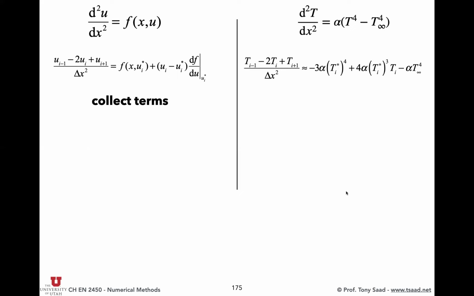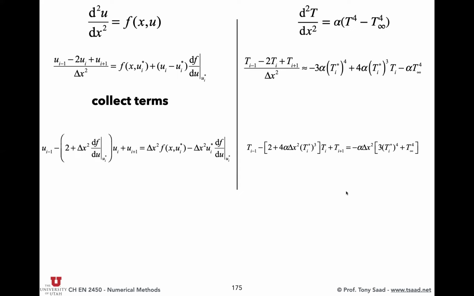Next, we collect the terms. We put all the unknowns on the left-hand side, and everything we know on the right-hand side. It's just algebra. If I were you, I would derive these equations at home and make sure you collect the terms correctly. So now we actually have a linear system of equations.